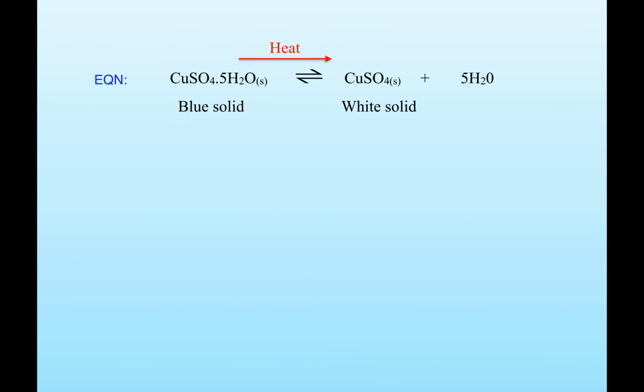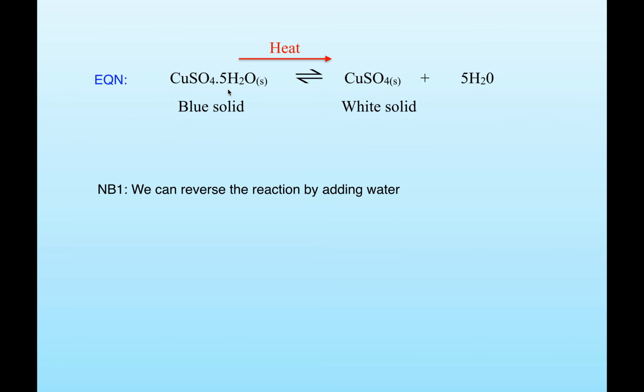Now let's keep looking at this reaction. There it is. We need to remember that we can reverse this reaction. We're talking about reversible reactions. How would we do that? We can add water to the white solid, the anhydrous copper(II) sulfate, and it goes back. So we add the water to this and it goes back to becoming the blue solid.